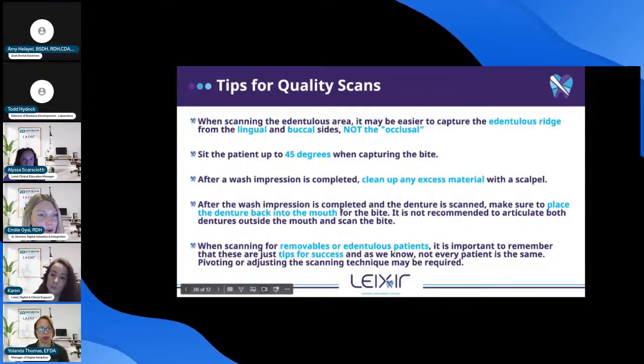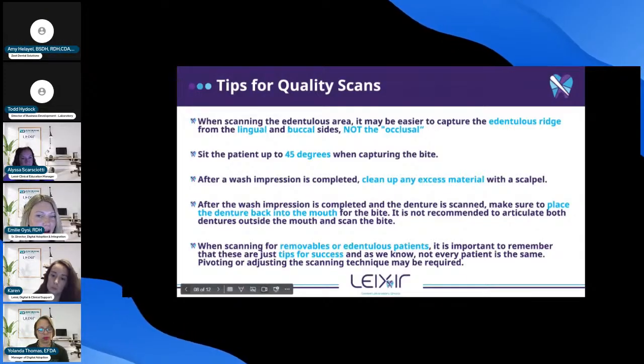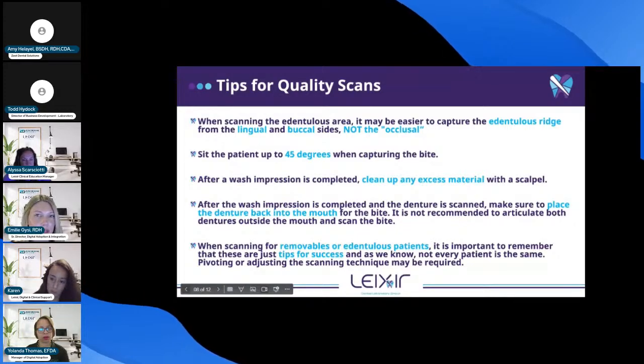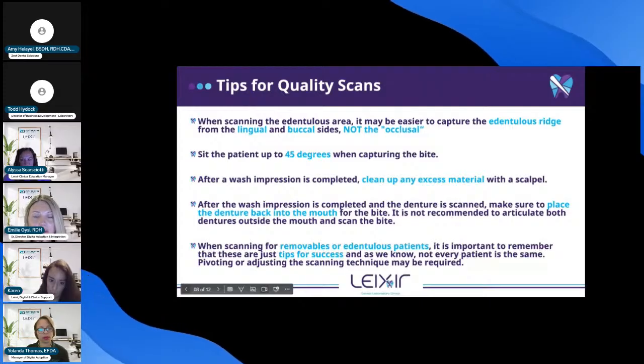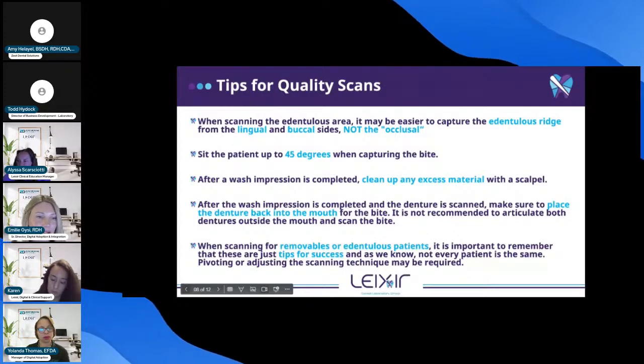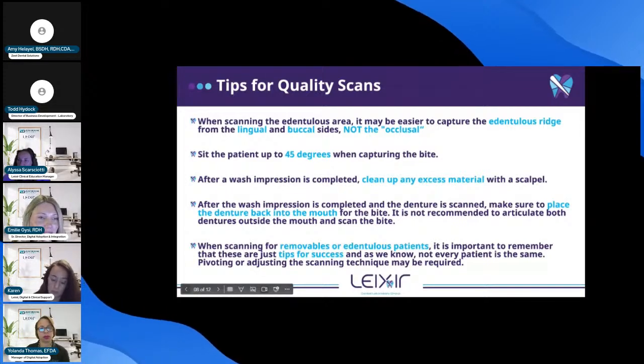It's happened to me before. If I'm just looking in color, you can't always see when there are stitching issues, or maybe the incisal edge we didn't capture as well as we could have. I would always evaluate your scans in monochrome too. Just another little trick to make sure we're getting a good scan.